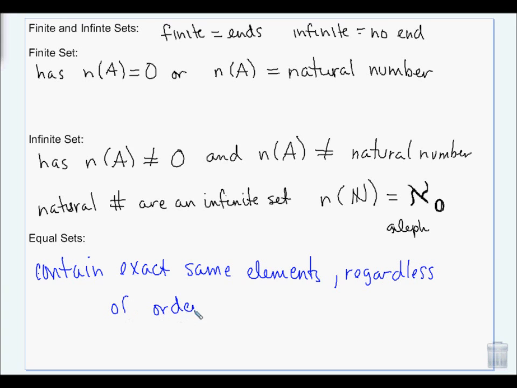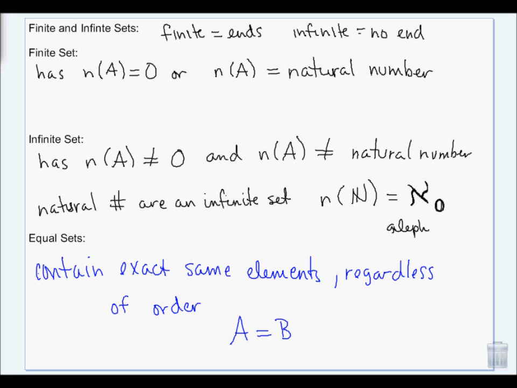Or they have the same group of elements, like 1, 2, 3, 4 and 1, 2, 3, 4. So you write that with an actual equal sign. Whereas before we wrote n of A is equal to n of B, that's when they're equivalent because they have the same number of elements. If they're equal, they have the exact same elements. So again, it's like a quarter is equal to a quarter, whereas a quarter is equivalent to 2 dimes and a nickel.